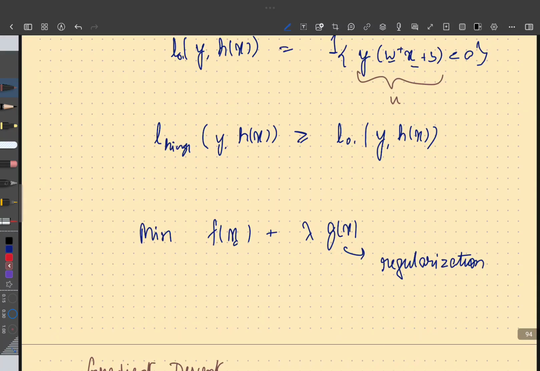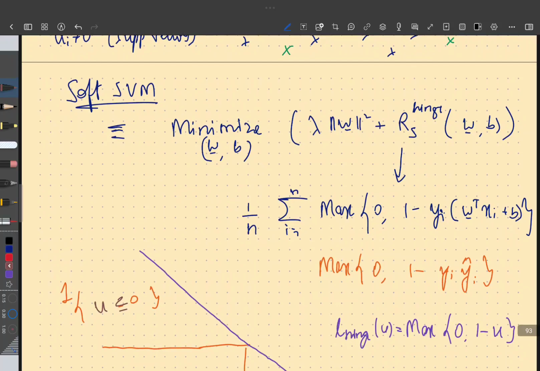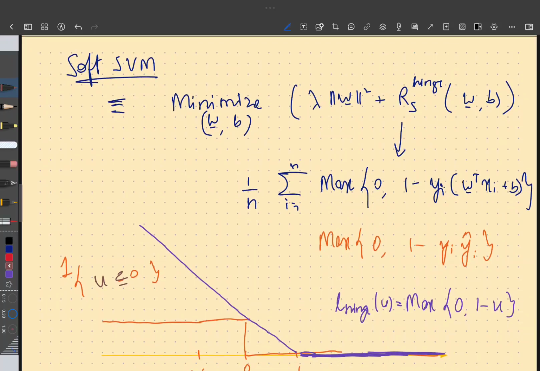So maybe even before we move on, let me make a couple of points. Remember, our goal was to design a classifier, a good classifier, and we started out with a max margin classifier, right? For hard SVM, everything was fine.